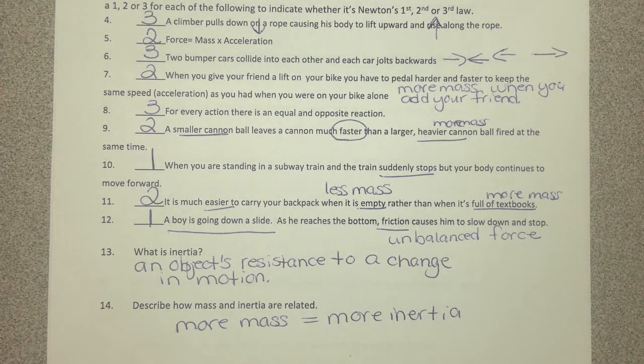The example I've been using with my classes, I know you all don't drive yet, is that it's not safe to get in front of an 18-wheeler and jam on the brakes. Why? Because that 18-wheeler has so much mass, it has more inertia. It resists a change in motion, which means it's going to take longer to slow down than a smaller vehicle. So the more mass you have, the more it wants to resist a change in motion.